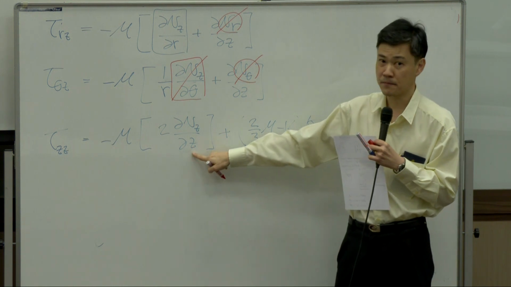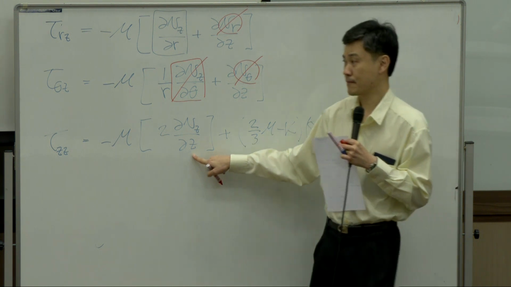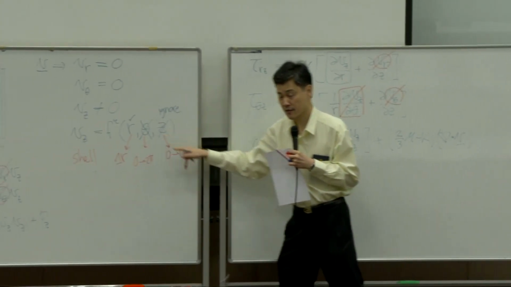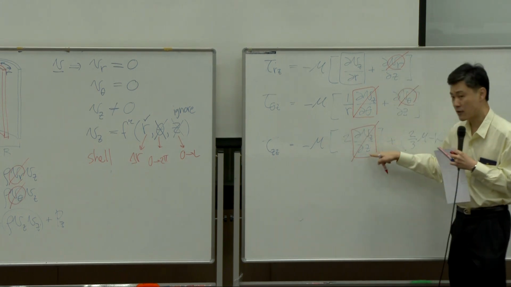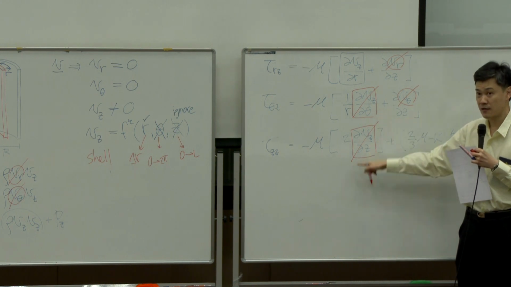What about this term? Vz is not a function of z. I'm sorry, it's not a function of zeta. When you partially differentiate it with respect to zeta, it's 0.